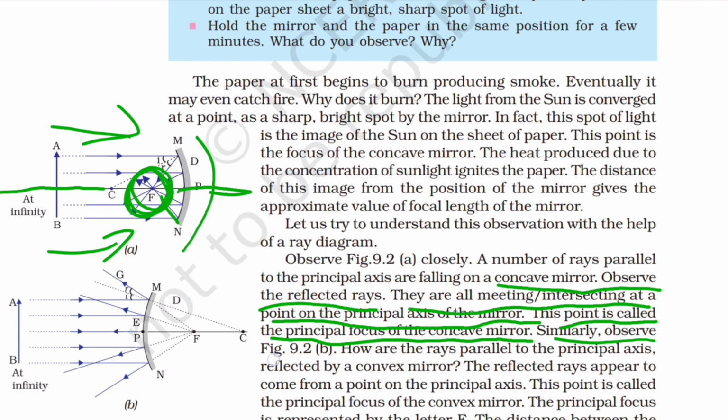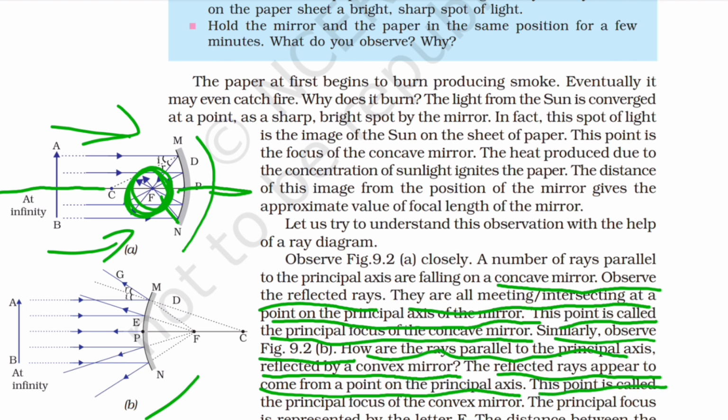Similarly, observe figure 9.2b. How are the rays parallel to the principal axis reflected by a convex mirror? In the convex mirror, the reflected rays appear to come from a point on the principal axis. That point is called the principal focus of a convex mirror. It is different from the concave mirror.